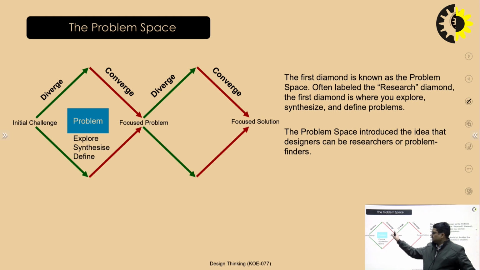In this problem space, we explore, we synthesize, and we try to define what the problem actually is. That is the main reason we call it a problem space in our theory. The first diamond is known as the problem space, often labeled as the research diamond, where you explore, synthesize, and define the problems.